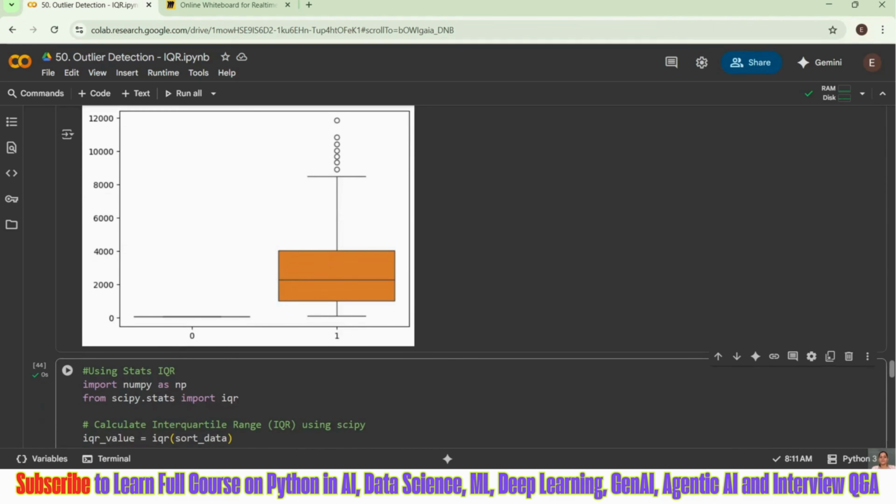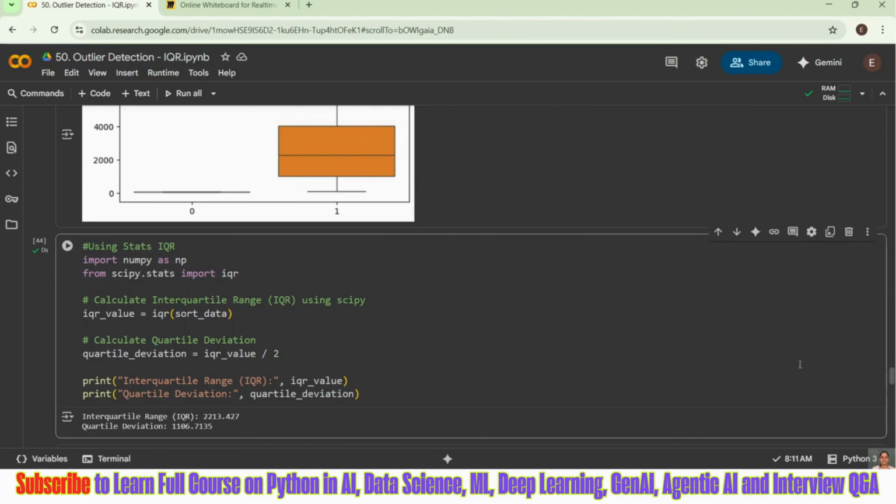So what we understood is that for medium or smaller data sets, box plot and scatter plot are the best methods. And if you go ahead with a very large data set where you cannot detect outliers, the Z-score method is the preferable one. You can get the outliers easily.